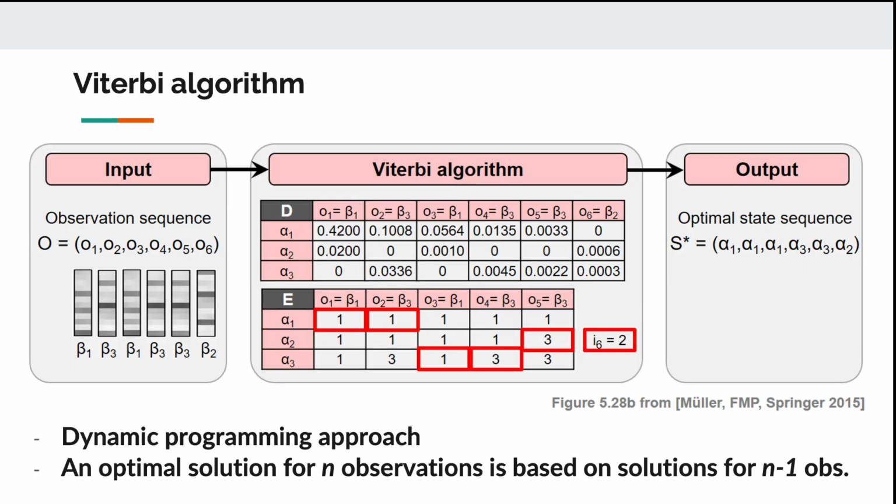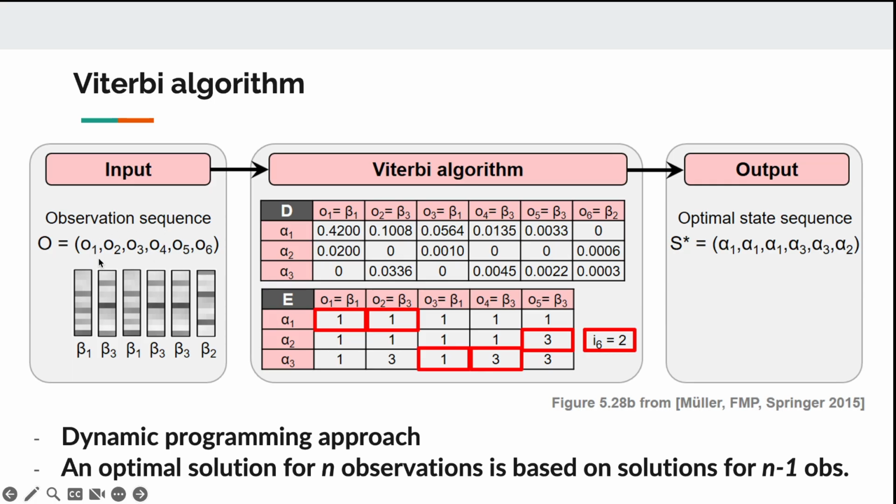If any of you want to study further, I'm not going to explain this in this class because it's too complex, but there is an algorithm called the Viterbi algorithm, which is a variation of dynamic programming. So this term comes up again and again. If we want to reconstruct the hidden state for our observations, let's say we have 6 observations, the best hidden state reconstruction when you arrive at the last observation is going to depend on the best reconstruction that you can make for the first 5.